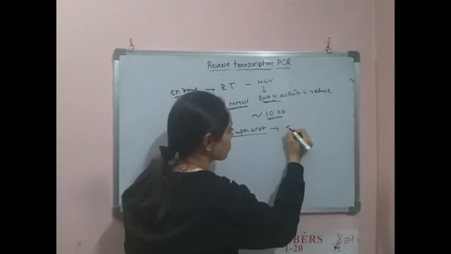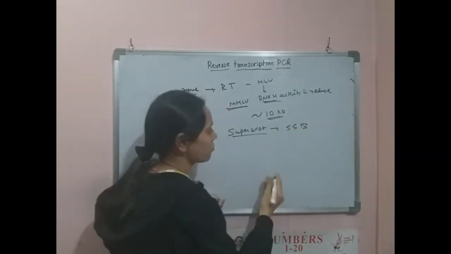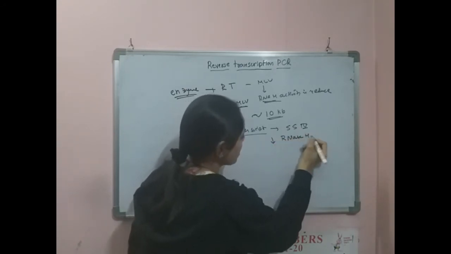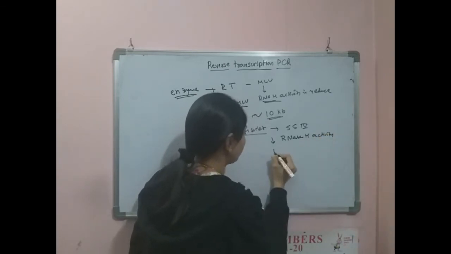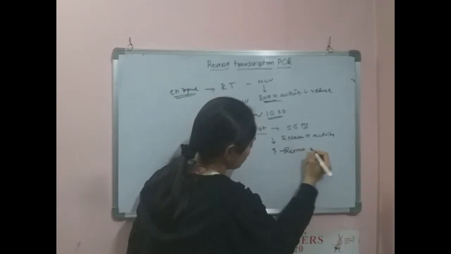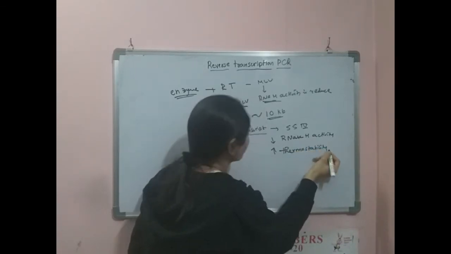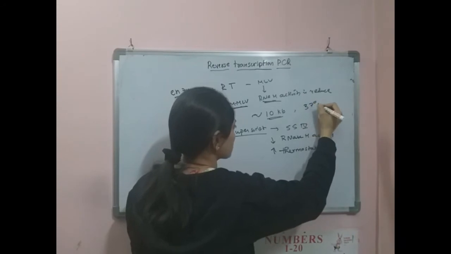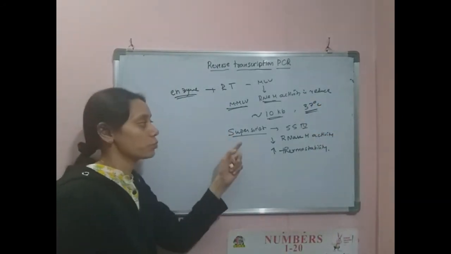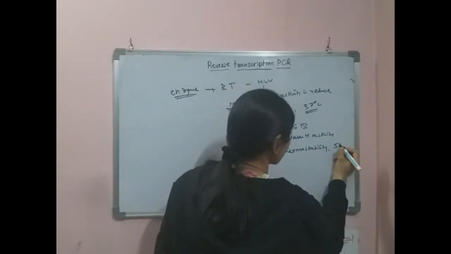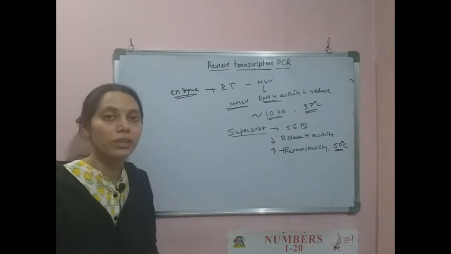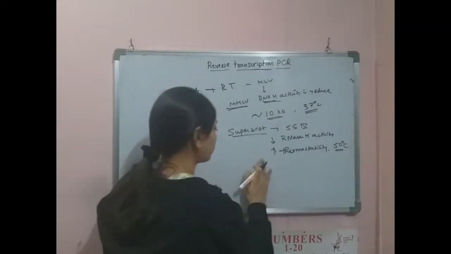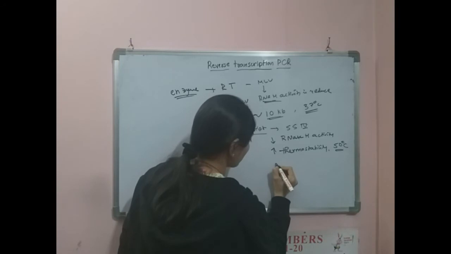So the SuperScript 4 enzyme generally has less RNase H activity and high thermostability, because the MMLV enzyme is generally used at 37 degrees centigrade, but the thermostability of the SuperScript enzymes is higher, and we can use up to 50 degrees during the reverse transcription reaction, and the enzyme will be active and resistant to inhibitors.